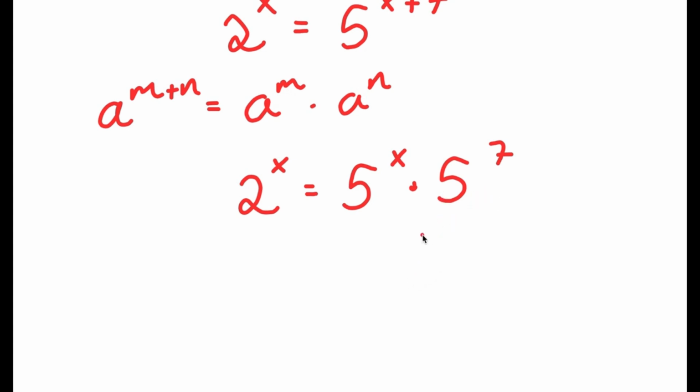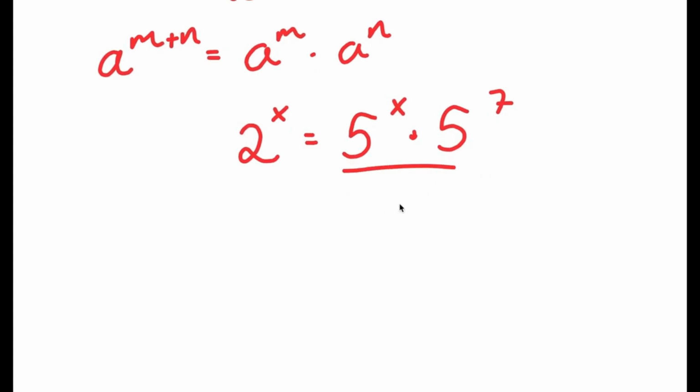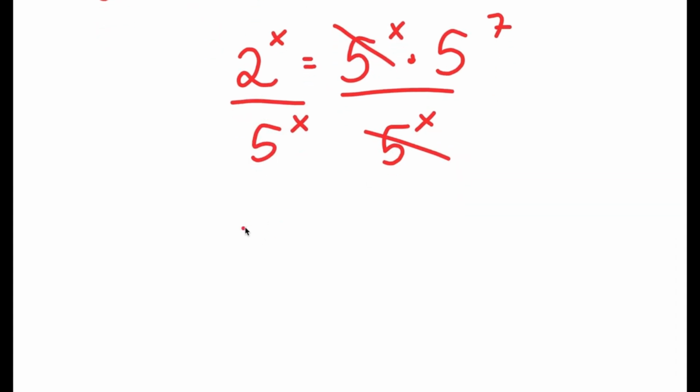And now, from here, I'm going to divide both sides by 5 to the power of x. So then these two cancel out, and I get 2 to the power of x over 5 to the power of x is equal to 5 to the power of 7.